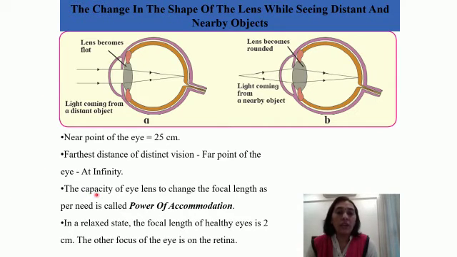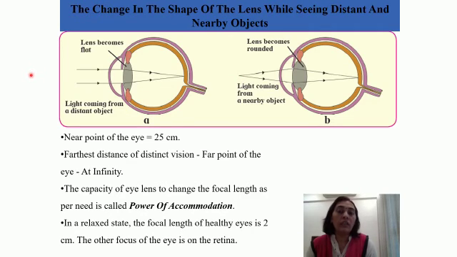The capacity of the eye lens to change the focal length as per need is called the power of accommodation. This is a very important term, and it is often asked in the exam for 1 mark, and if 2 marks, then you need to explain it in detail. We have seen that the eye lens brings about a change in the focal length when you are viewing distant and nearby objects.